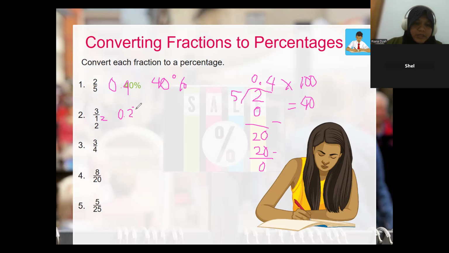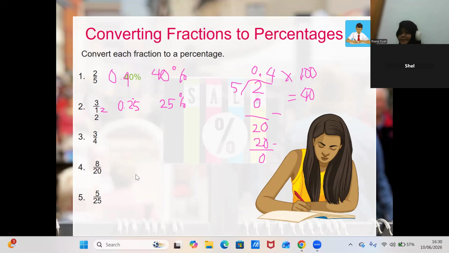Now change it into percent. You times it with 100. So it's equal to 25%. Yes, like in our first page, if you still remember, decimal and then fraction. Okay, next, number 3. It's correct, yeah, number 2. Good job. 25%.